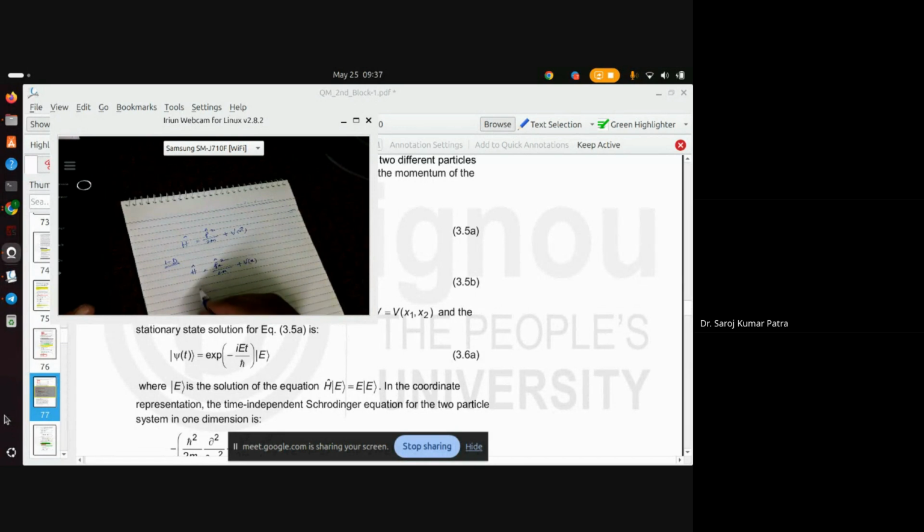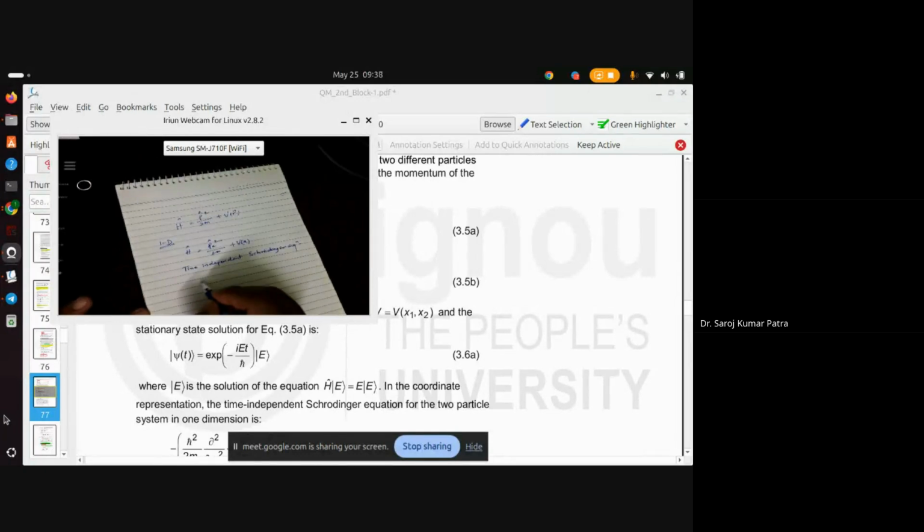So now for the time independent Schrodinger equation. So what will it be? p_x squared by 2m plus V(x), acting on psi(x), will be equal to E psi(x).